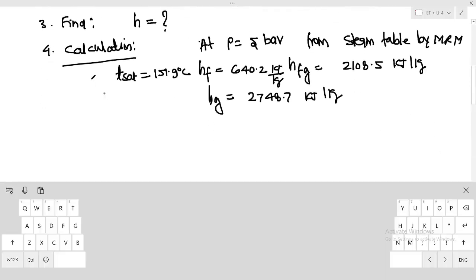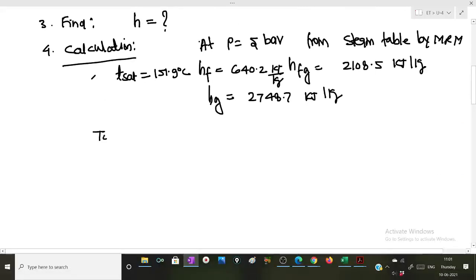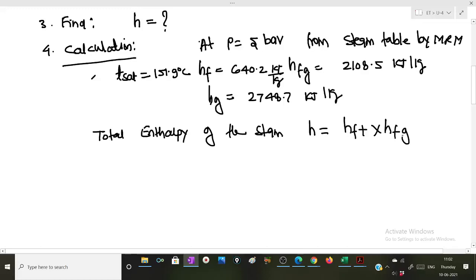Now what will be the total enthalpy of the steam? This will be enthalpy of wet steam, hf plus x hfg. I can also write it as hf plus x into hg minus hf.